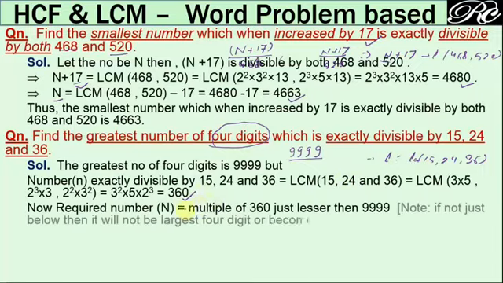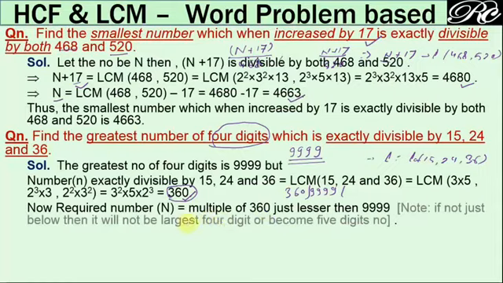We get that the LCM is 360. Now we have to get the multiple of 360 which is just below 9999. For getting that, we can divide 9999 by 360 and get the quotient. That quotient will give us the multiplying factor for 360.